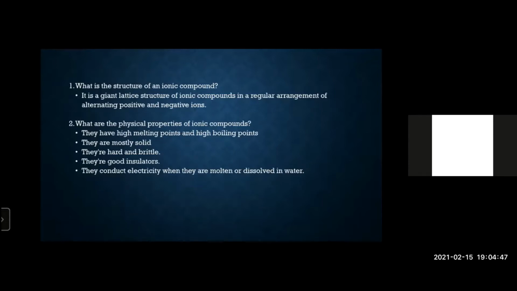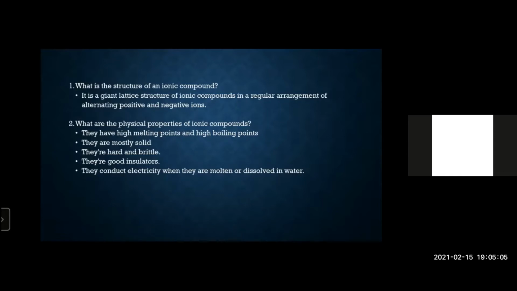Why? Well, when they're in molten form, the ions separate, the strong forces of attraction between them are overcome, so the ions are free to flow and you can have electrical conductance. And in water, the ions dissociate.